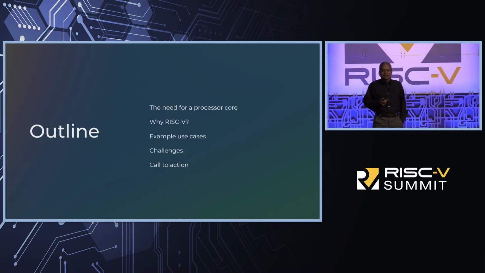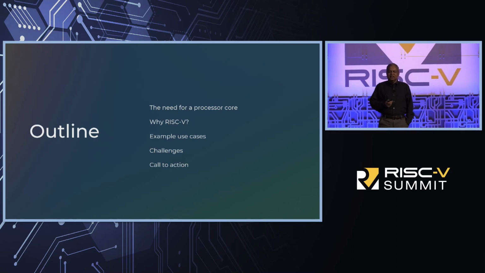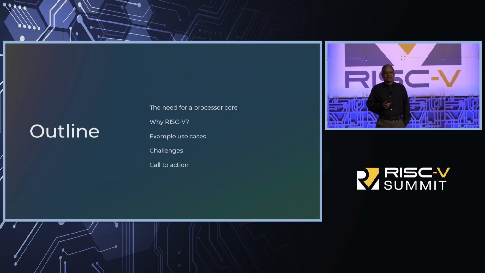So to start off, what is the need for a processor core within the accelerators that we are developing, and why did we choose RISC-V? And then what are the example use cases where we successfully deployed the RISC-V core, where billions of users are being supported today?